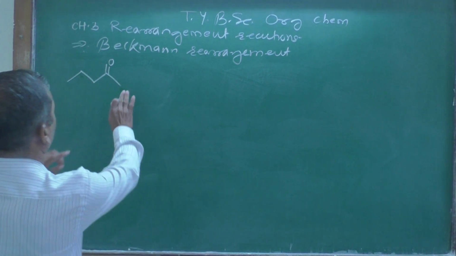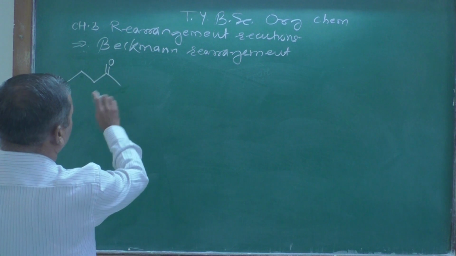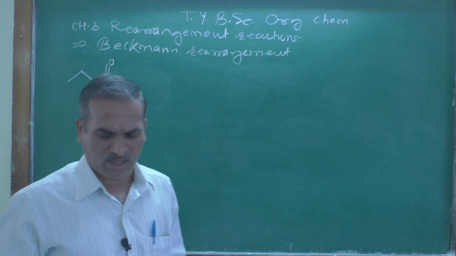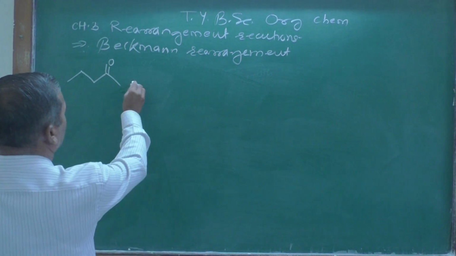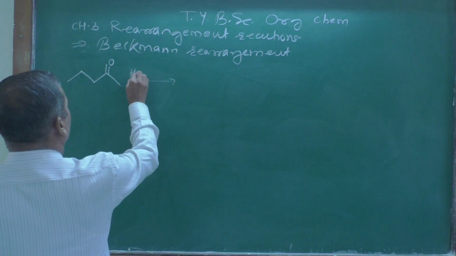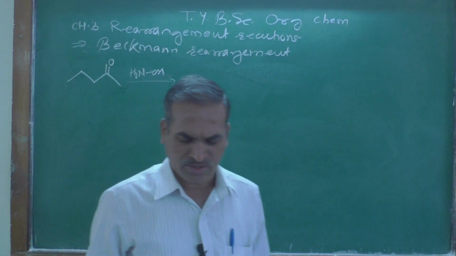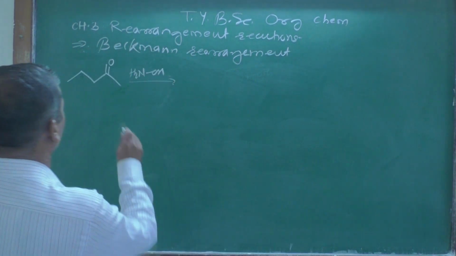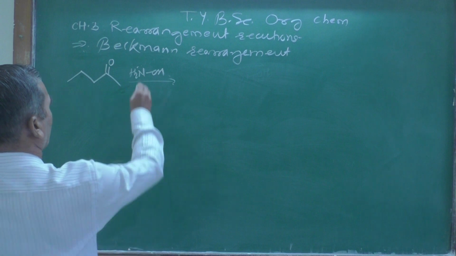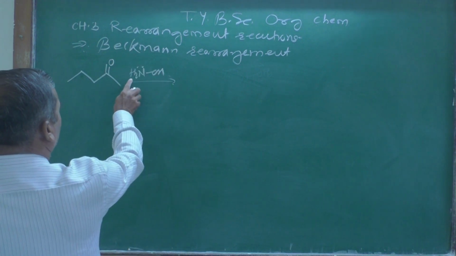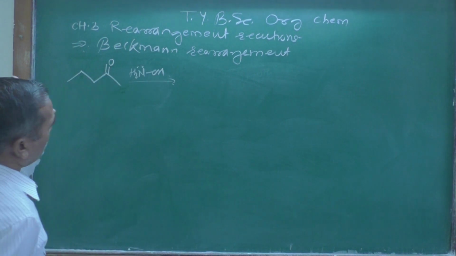So now this is a general ketone, and when this ketone is further treated with hydroxylamine in an acidic medium, or there is no need of acidic medium over here, what is going to happen? The 2H from here and oxygen leave, and an oxime is formed.